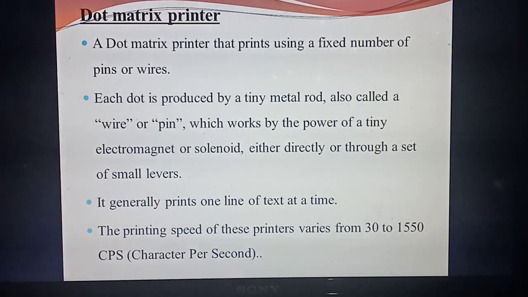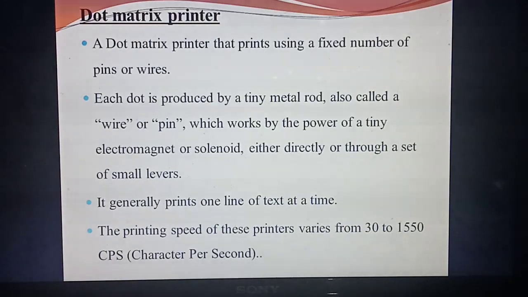This dot matrix printer prints using some fixed number of pins or wires. Each dot is produced by a small tiny metal rod, called a wire or pin. This tiny metal rod is connected to a small electromagnet or solenoid, which is connected to a small set of levers.